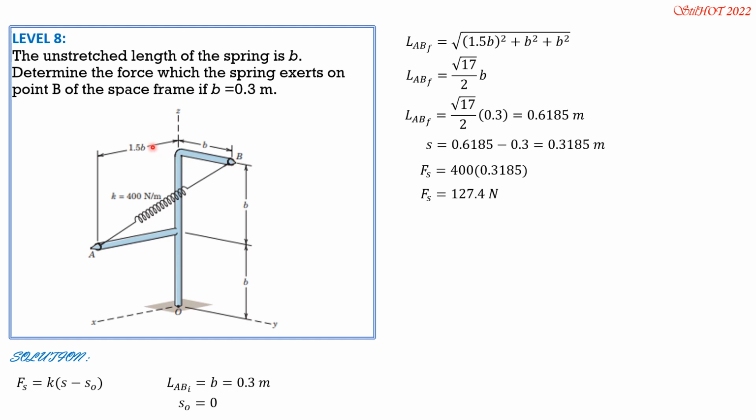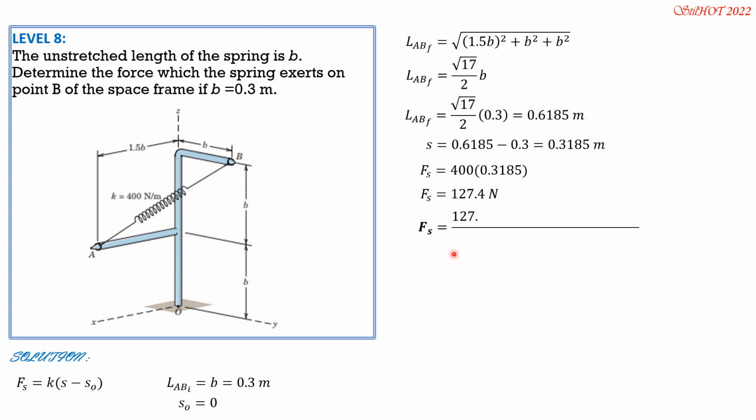Then in vector form, it is 127.4 times 1.5 times 0.3i, then minus 0.3j, minus, because to the left along y, so negative 0.3, downward along z, negative 0.3k, forward along x, 1.5 times 0.3i.